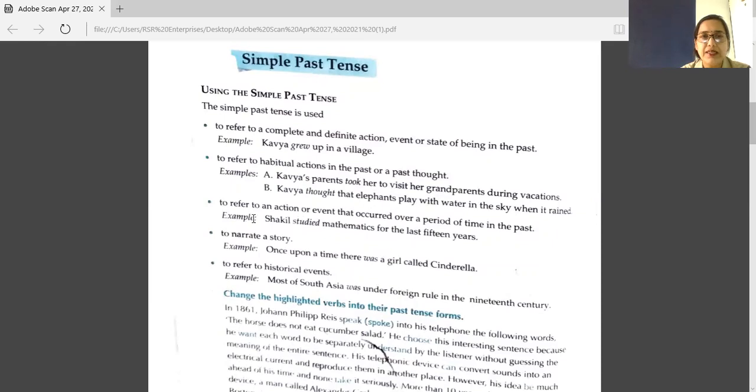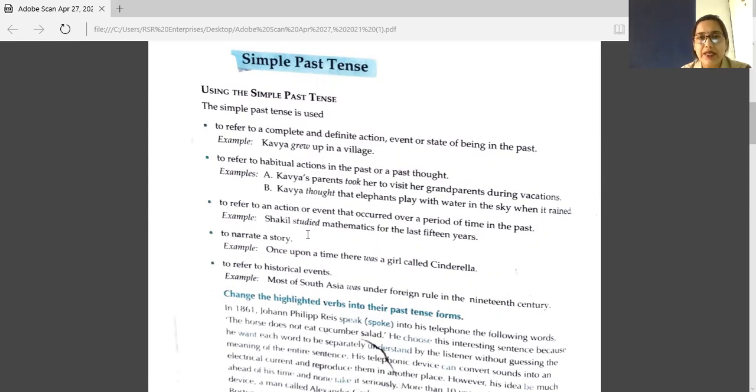Now see this third point, to refer to an action or event that occurred over a period of time in the past. At some past time or the period of time in the past, something happened there or occurred there.